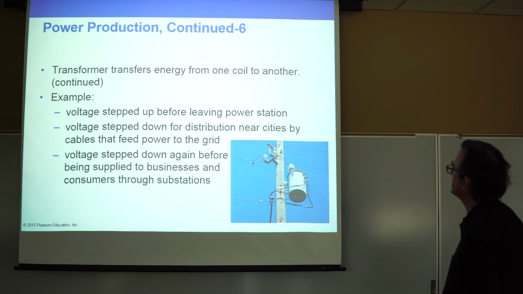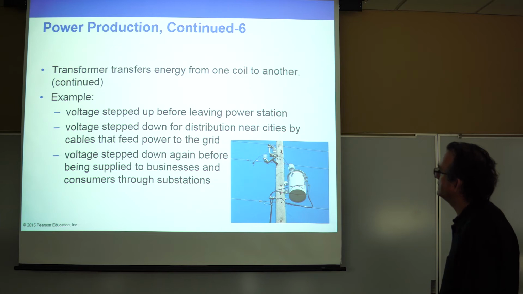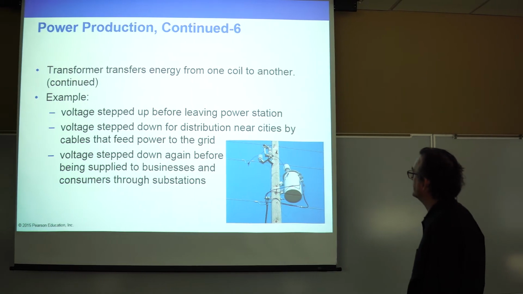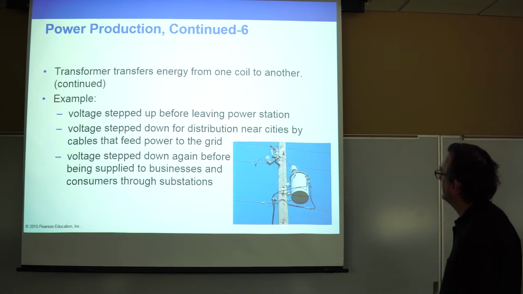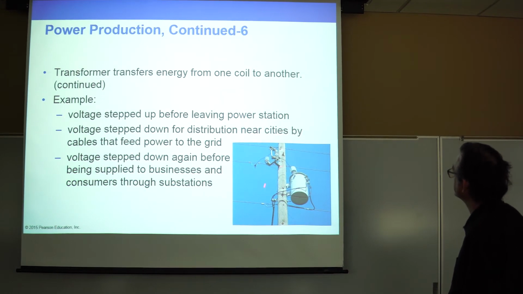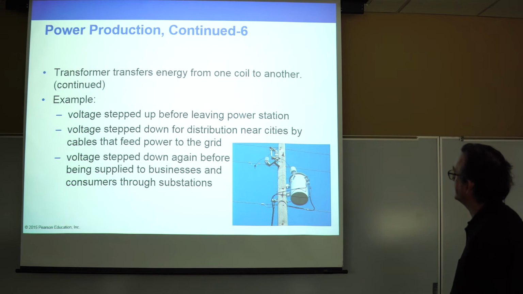The voltage is stepped down near the cities, or close to where we are going to actually use it. And then it's stepped down again before being supplied to your home. So we have various stages in which we step up or step down, and the picture of a transformer is shown here on the right side, which consists of these windings around an iron core.